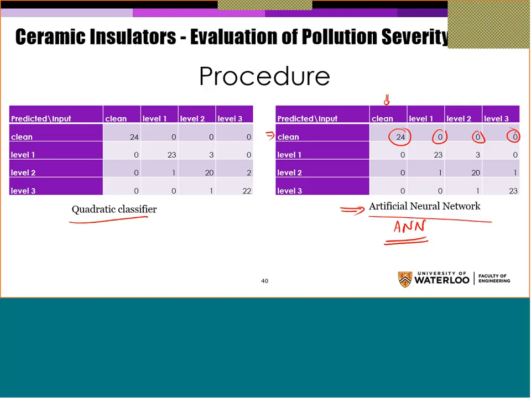When I go to level 1, I have 26 cases, however only 23 are classified as level 1 and 3 are classified as level 2, so 3 cases are misclassified. When you go to level 2, we have 22 cases, 20 classified as level 2, but 1 case classified as 3, which is called misclassification, and 1 classified as level 1, and so on and so forth.